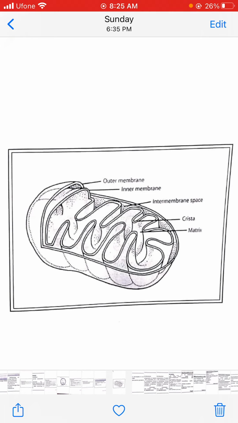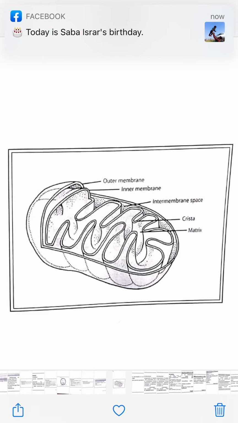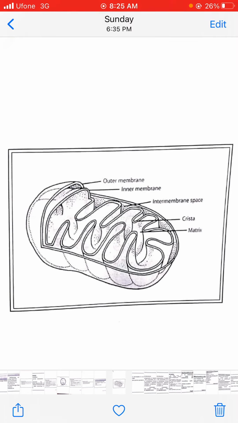Then coming towards the folded structure, where different energy metabolisms take place, is the cristae, and the space inside the cristae is known as the matrix. So this is the overall structure, and the function of different areas of the mitochondria is different.